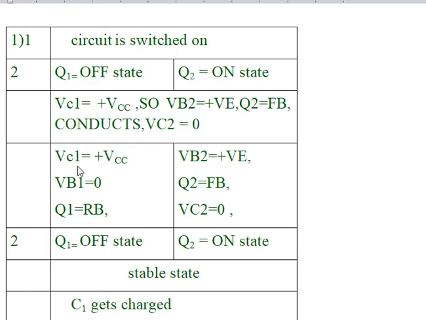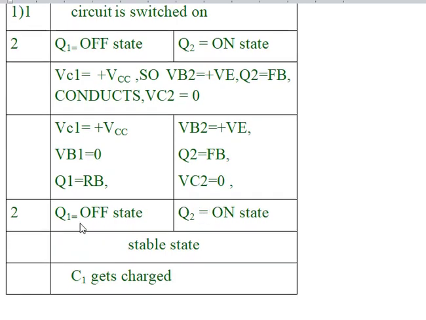When VC1 is equal to plus VCC, VB1 is equal to 0, so Q1 is reverse biased. Here V base 2 is positive, Q2 is forward biased, VC2 is equal to 0. Now Q1 is in the off state and Q2 is in the on state. It is the first stable state.